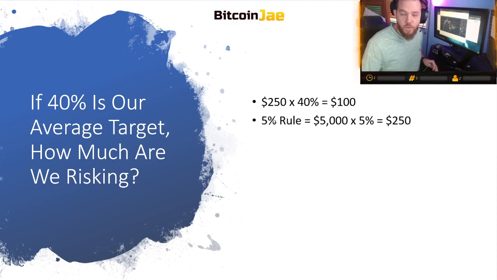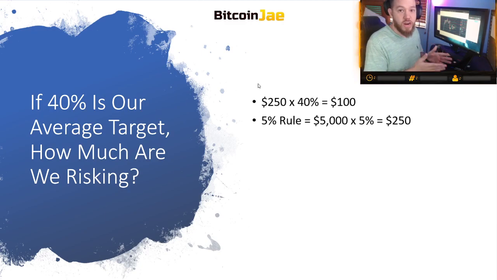So now remember, we're reverse engineering this. So the 5% rule, if 5% is $250, that means 5,000 times 5% equals 250. So now we understand, by going through all these rules and reverse engineering this, that the minimum capital we need in order to hit that $100 per trade is $5,000.